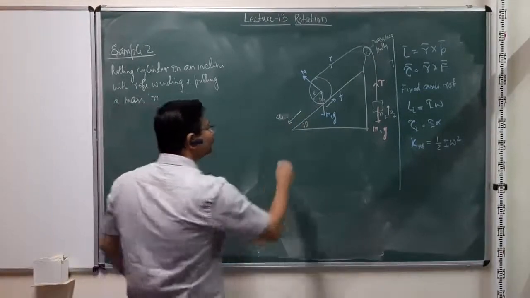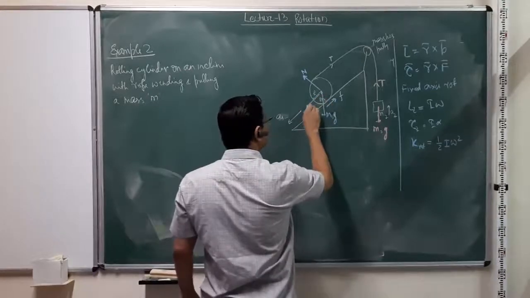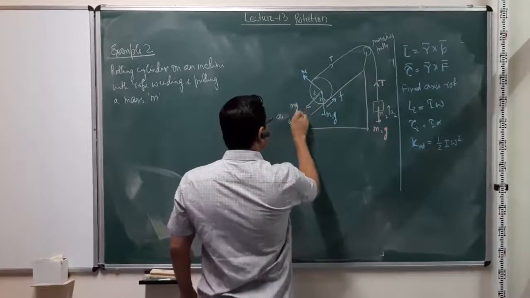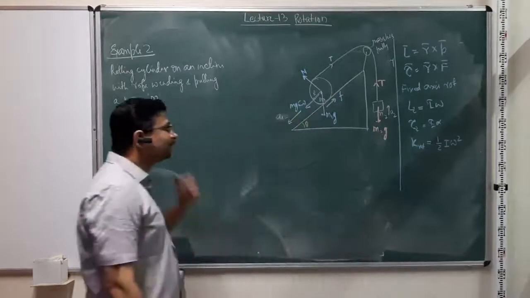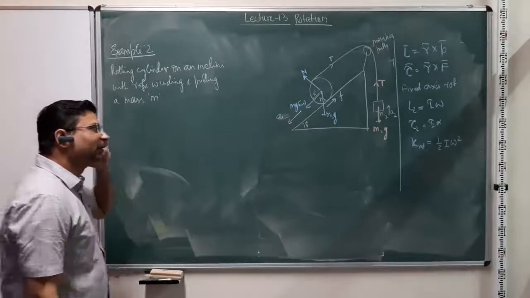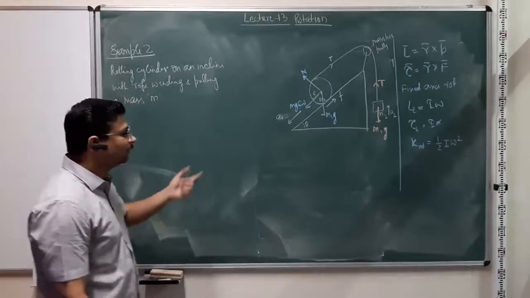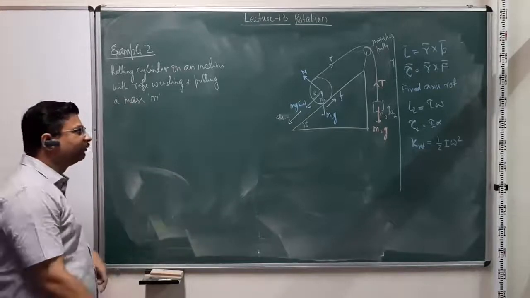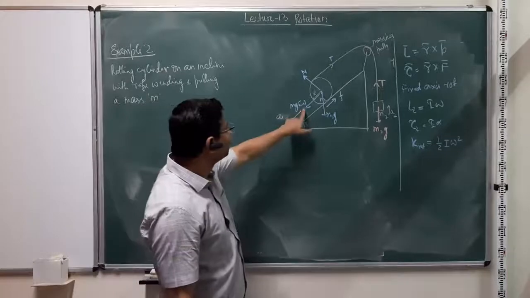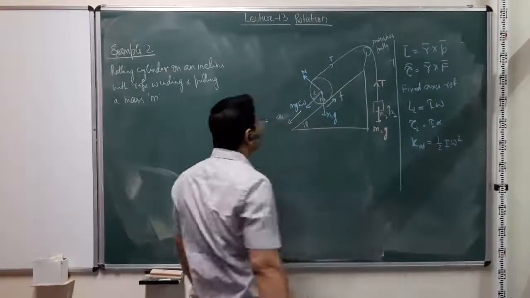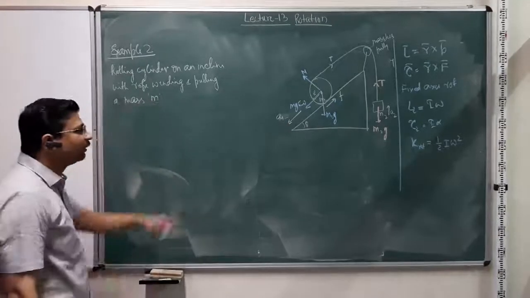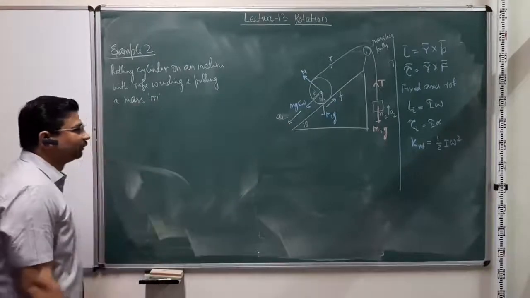I can break this mg into two components, mg sin theta and mg cos theta. Mg cos theta will simply balance the normal reaction, and there is no motion along that direction, so we don't have to worry about it. Mg sin theta is the one which will balance the friction force and the tension in the rope, and because of that we will have some motion.